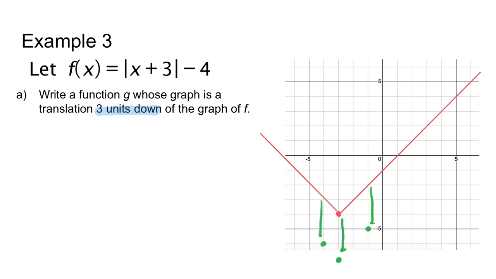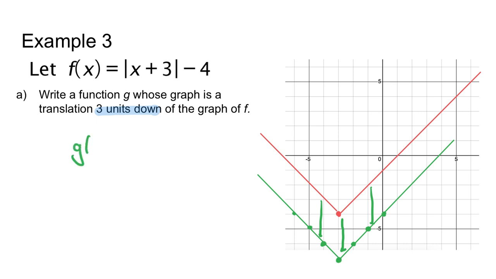Pick a point, move it down 3 units. And once we get that, and again, as I did last class, add a couple extra points to this graph, we can use our ruler and we can draw our line to get what our new function looks like. We've moved it down 3 units. But mathematically, what is my new equation? Well, I didn't move anything to the left or to the right.